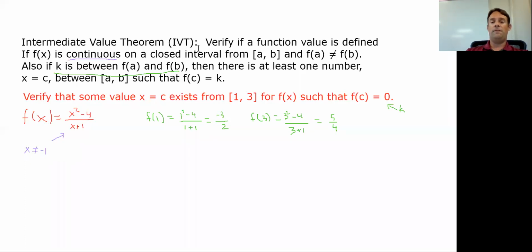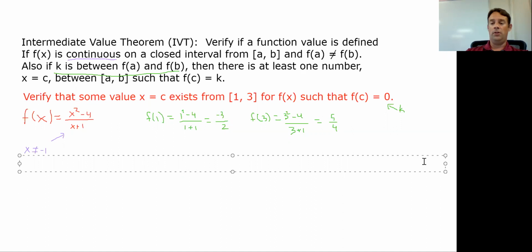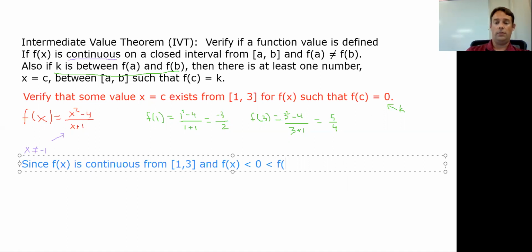So this intermediate value theorem is going to say that a value exists. Doesn't tell me what the value is, but it tells me that the value exists. Since f of x is continuous from 1 to 3, and f of 1 is less than or equal to 0, which is less than or equal to f of 3.